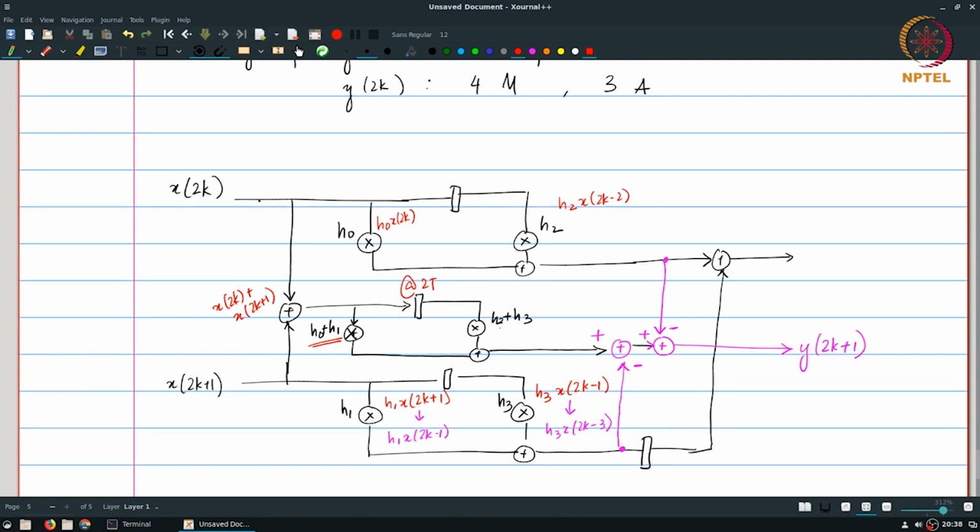That term multiplies the h2 plus h3 coefficient, and if you work out the arithmetic, what you will find is that these two subtractors are effectively cancelling out those effects from what has already been computed in order to get the value of y of 2k.